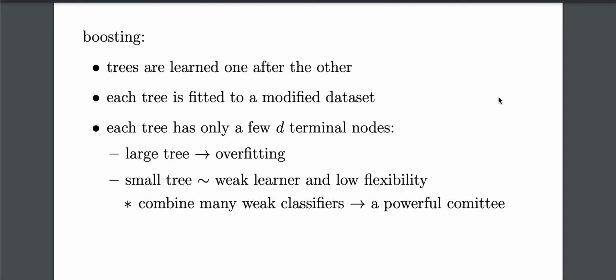So just recall that bagging involved creating multiple copies of the original data, so bootstrap data sets, right? And then we fit a separate decision tree to each of the bootstrap data sets, and then we combined all these trees so that we get a single predictive model. Okay, so that was bagging.